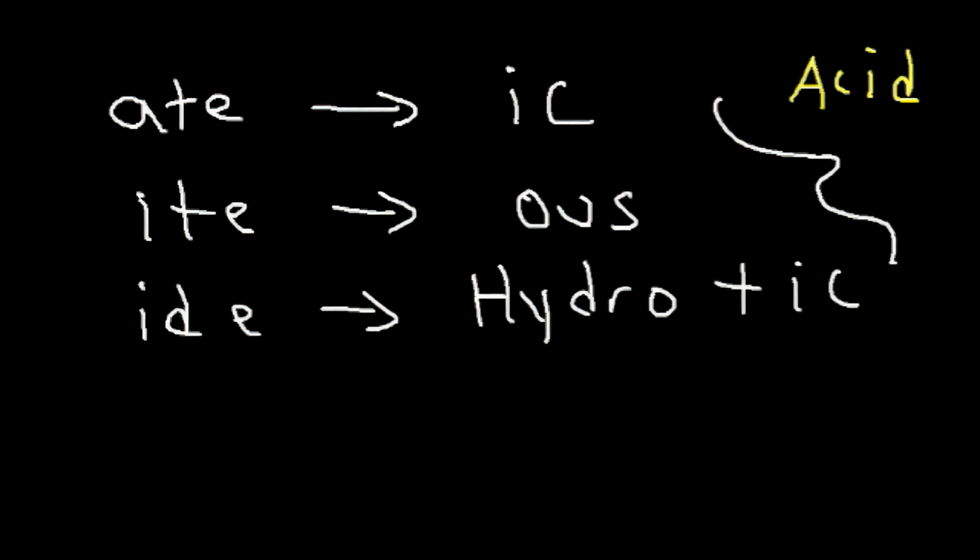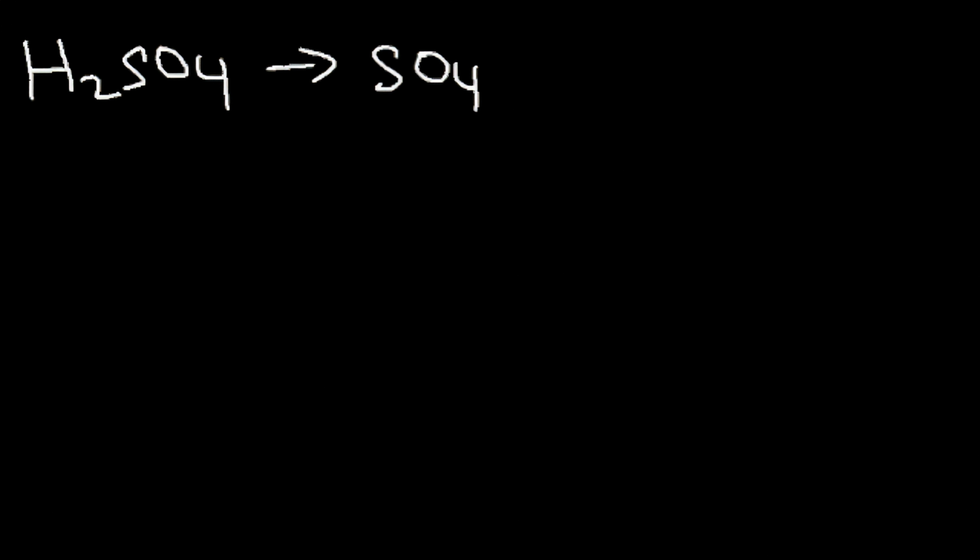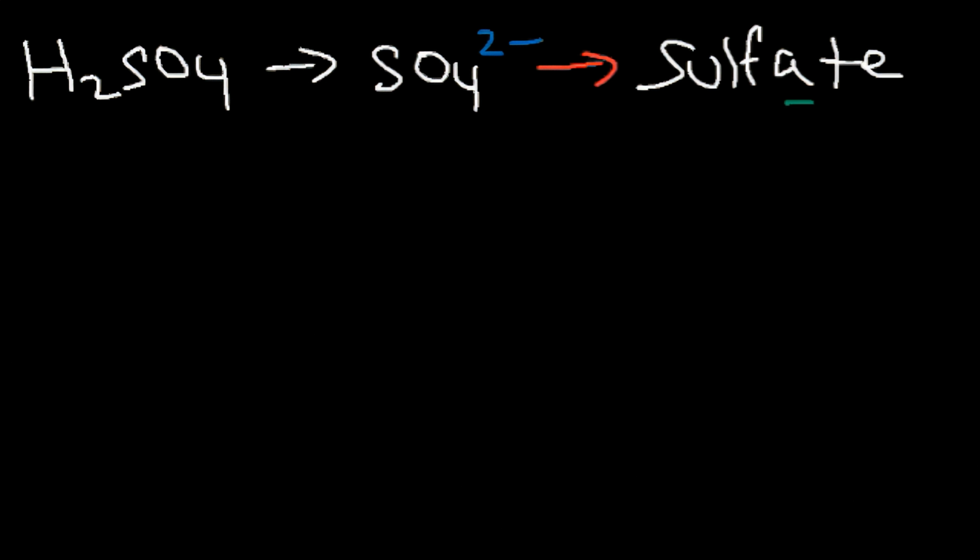So let me give you some examples. Well, let's start with H2SO4. So H2SO4 contains the polyatomic ion sulfate. So let's focus on the ATE part. We know we need to replace it with ic.